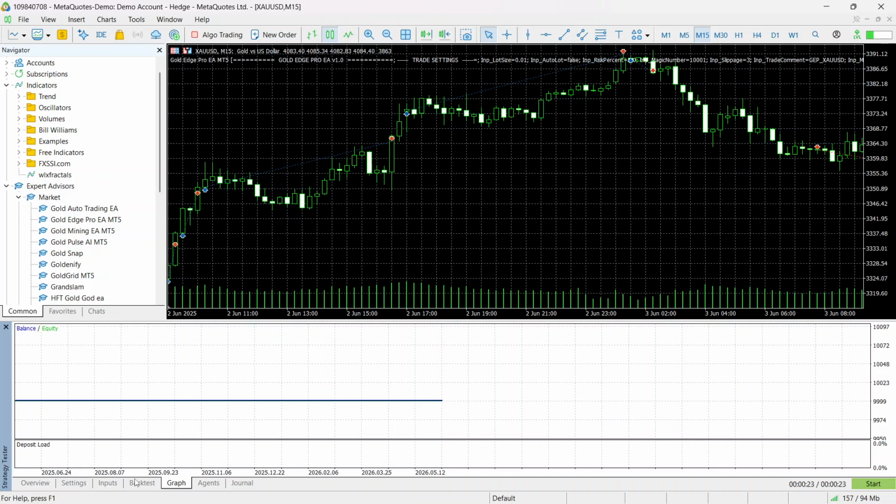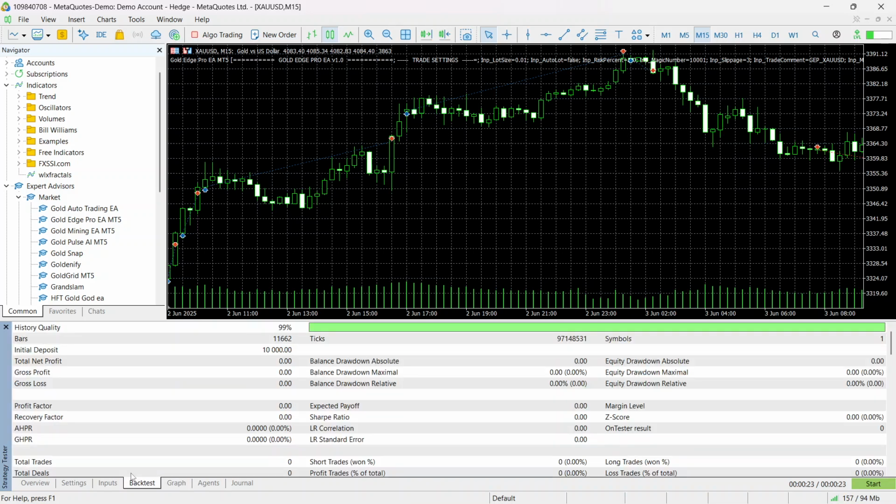Fully disappointing. No entries at all. History quality was 99% over 12,000 bars, but the EA just sat there doing nothing. Drawdowns, absolute and relative, were also zero because nothing happened.